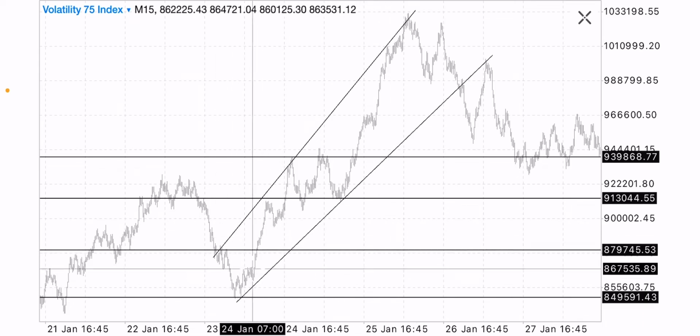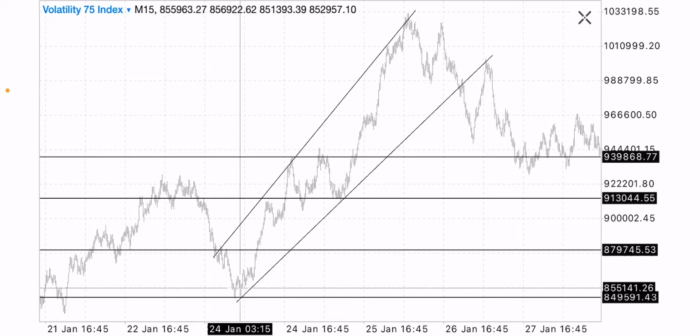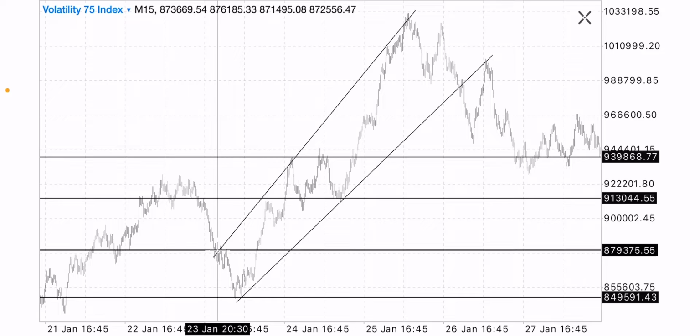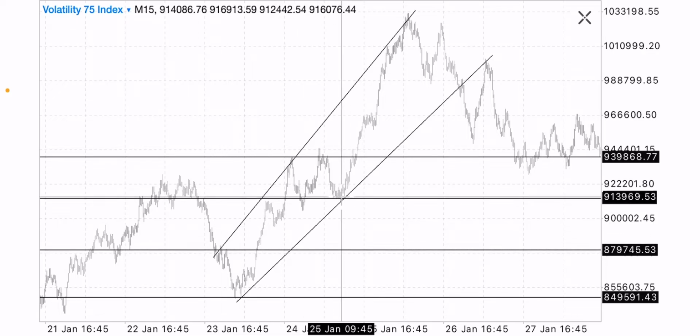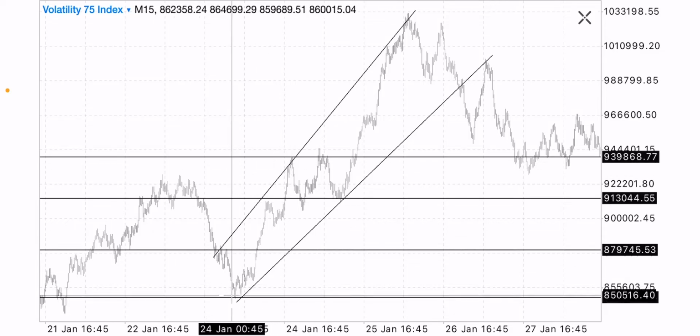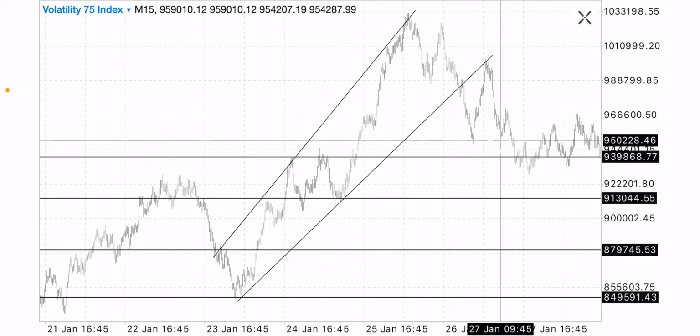Here is the higher low, the lowest place. This is the lowest point of this high, which is our higher high. The lowest point of this high gives us a higher low. Higher low, higher high, higher low, higher high, higher low. And this was a break and a retest for a sell signal.